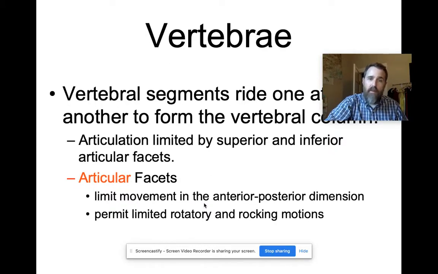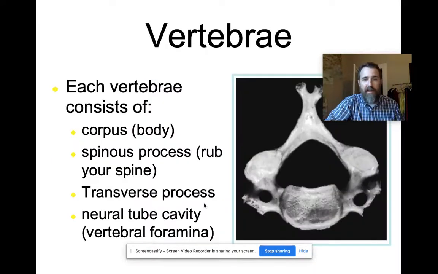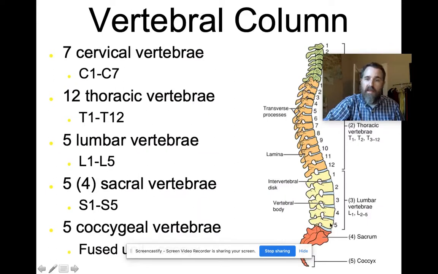Foramina is plural; intervertebral foramen is singular. Scrolling back up, you can see the intervertebral foramina. They provide spaces through which nerves course between your body and the spinal cord.